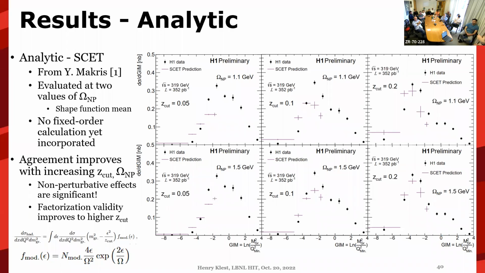And part of that may be simply that these predictions assume that you basically have a single quark jet, which we know to some degree is not all that we have, because when we have an actual, full DIS event, you can have dijets where you've groomed away the quark jet but kept the gluon jet, and that can shift you to higher mass. And as you go to higher Z cut, the agreement maybe tends to improve a little bit, and the data prefers the larger value of this non-perturbative shape function mean.